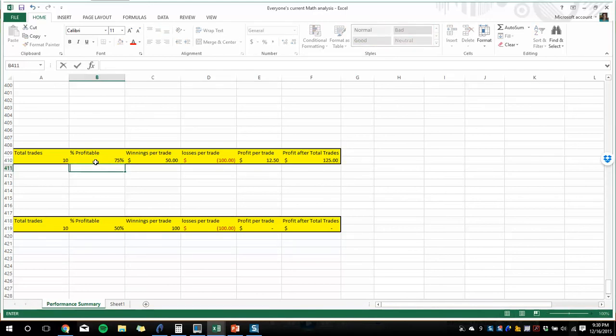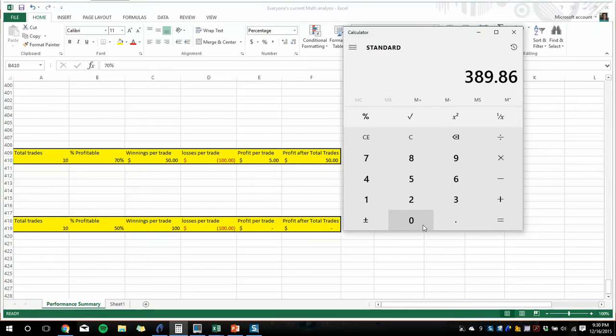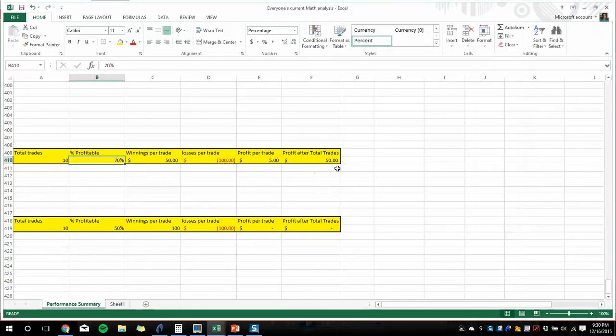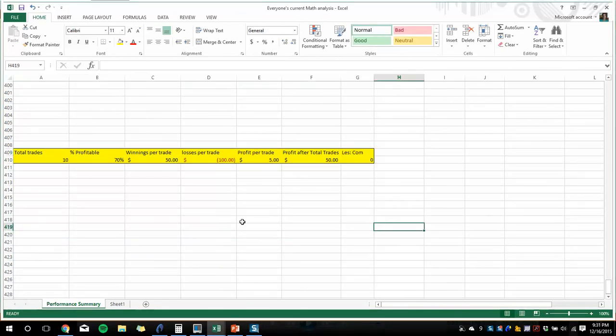And by the way, this does not include commission. So, theoretically, at least for TradeStation, here I just put less commission.